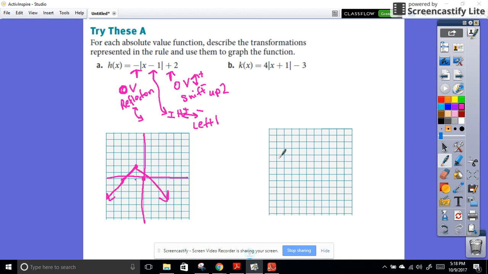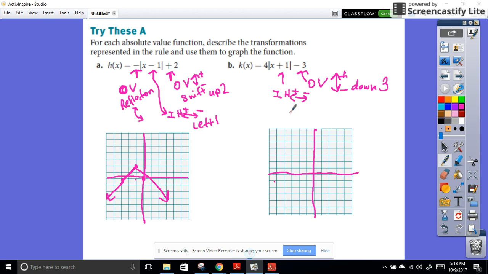Okay, so this one, X axis, Y axis. Outside change, so it's vertical. It's plus and minus, so it's going down 3. Inside change, so we know it's horizontal.